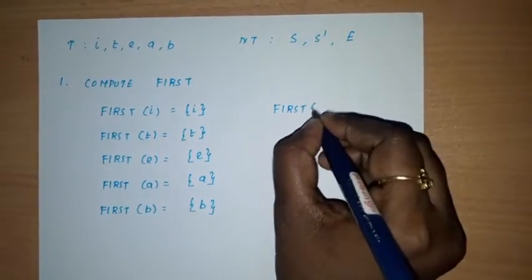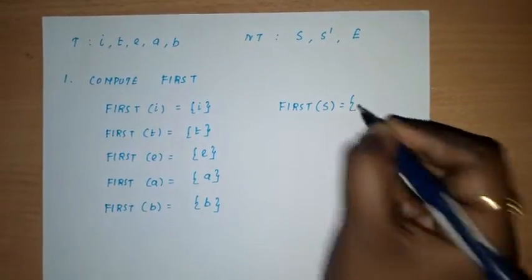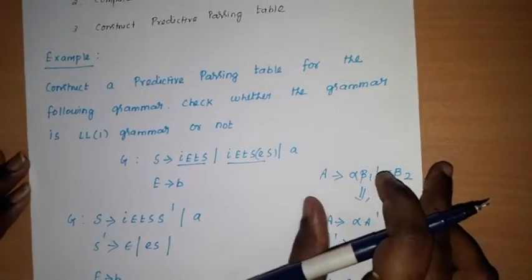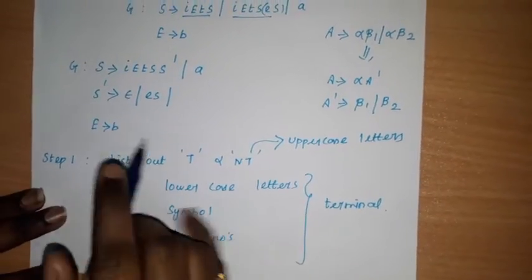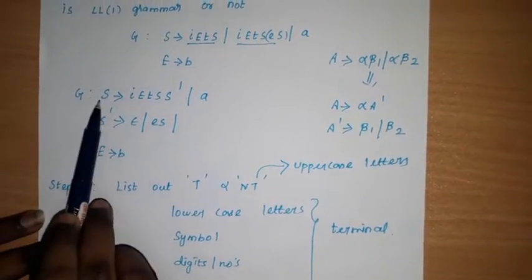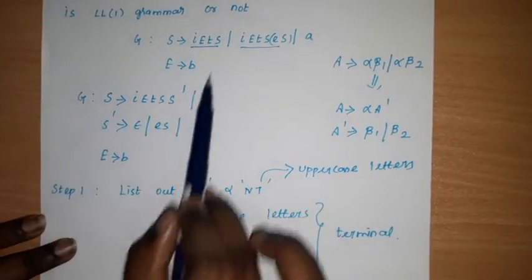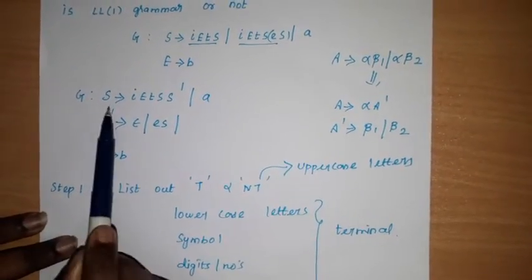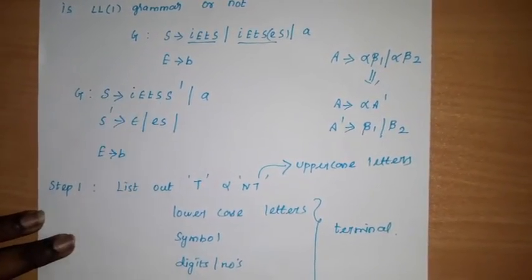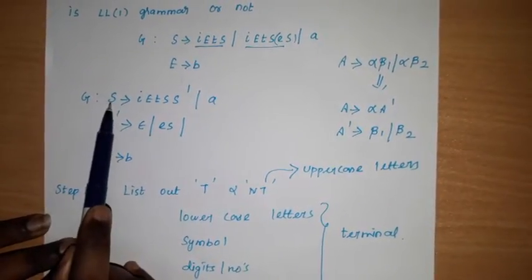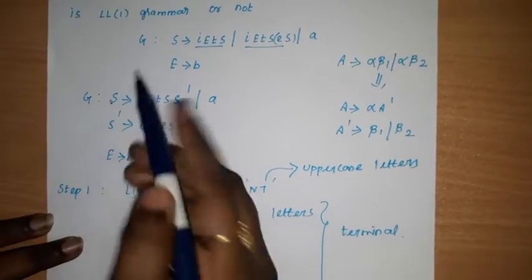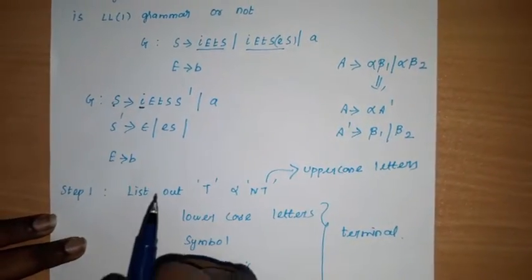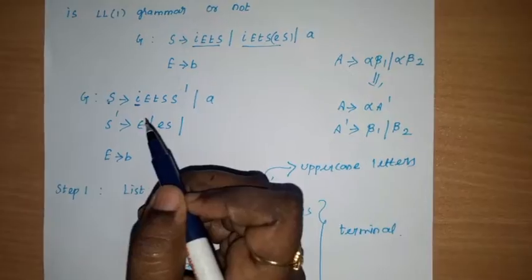First find the first value of S. All of you see the original grammar; yes, this is the original grammar after eliminating the left factoring form. Here we have to find the first value of S. Here S has 2 productions.